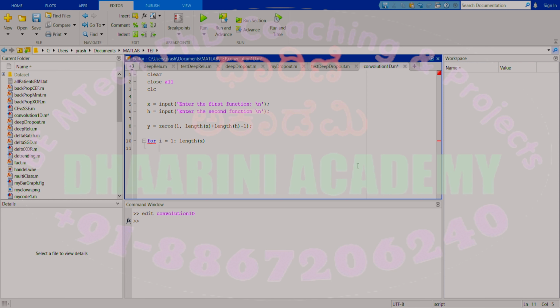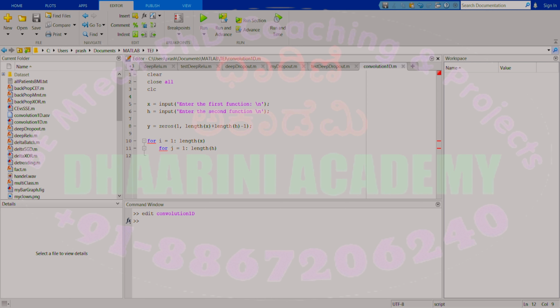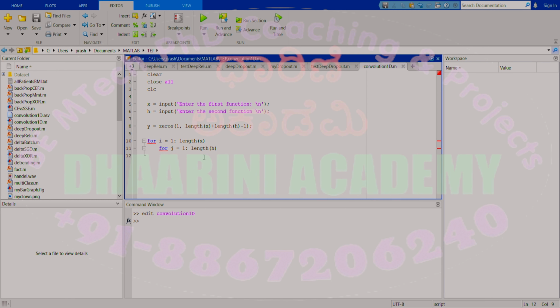Again, for one sample, I should do this for every sample that is present in the second one. So I'll go for another for. So for, say, j is equal to 1 till the length of the second sequence. So what is that? That is h. Okay, so two for loops. Right, let's create my answer now.